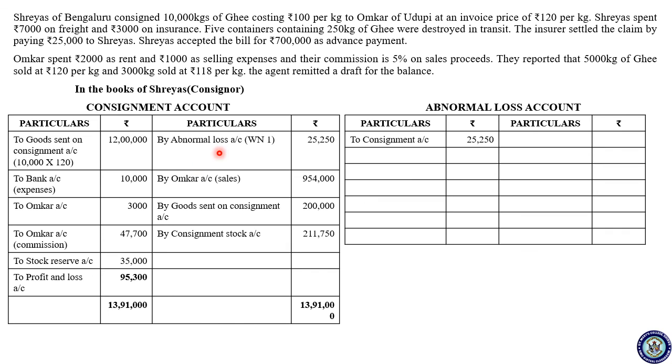Here it is by abnormal loss, so to consignment. Then the amount has been received from the insurance company. The insurance settled the claim by paying 25,000. So when you receive it, it is by bank, you are receiving the money. The difference is transferred to the P&L account. Total 25,250, difference 250.